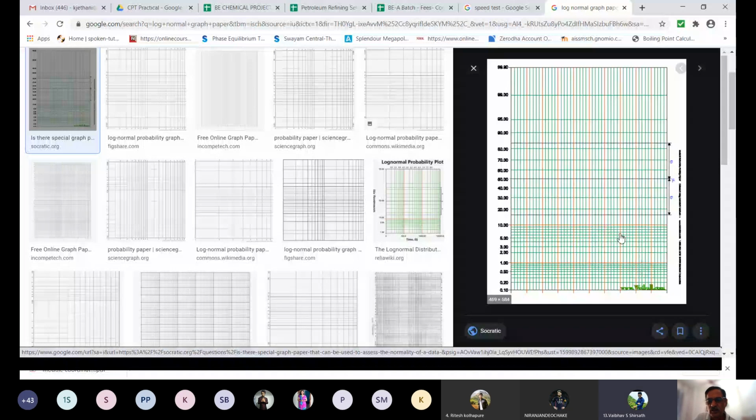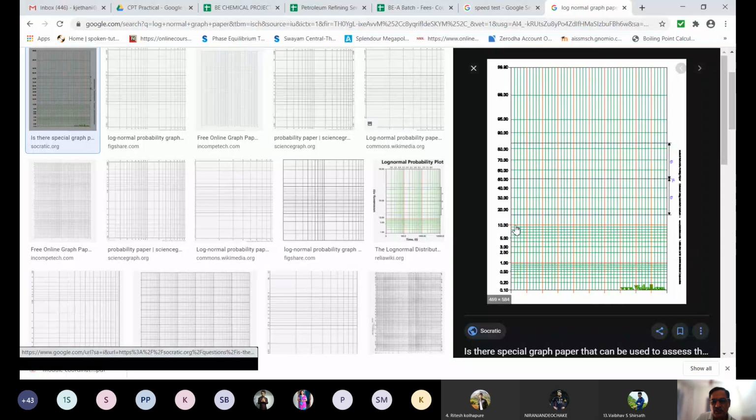The x-axis is normal, the distribution is the same, but the y-axis doesn't start from 0, it starts from 0.1, then it will be 1, then 10, then 100, like that. So this is called log normal. The y-axis is log value, and the x-axis is normal value. Normal is 0, 0.1, 0.2, equal distribution. Why is it like this? Why is it 0.1, 1, 10 and not from 0 to 1?